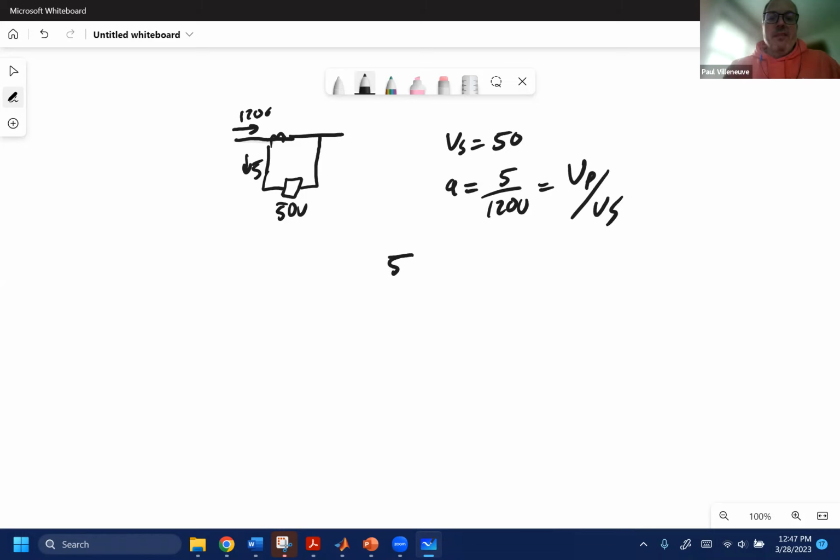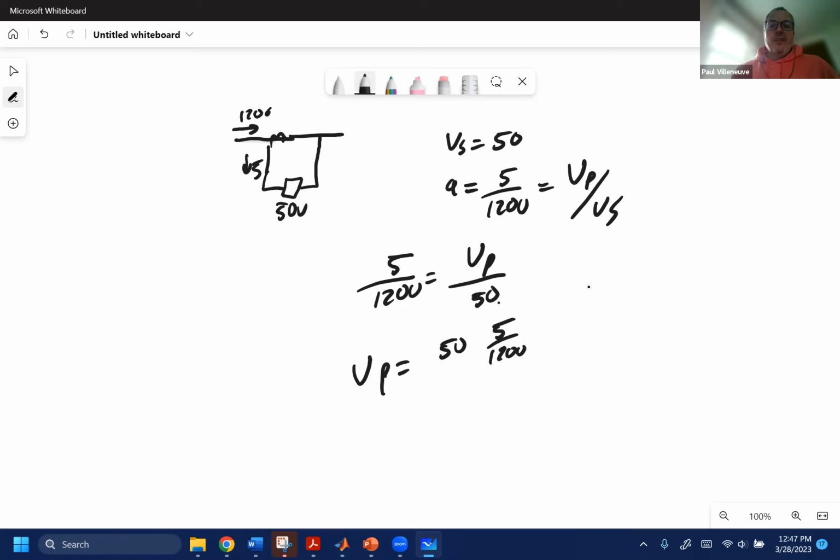So 5 over 1200 is equal to V primary over 50. So VP is equal to 50 times 5 over 1200.